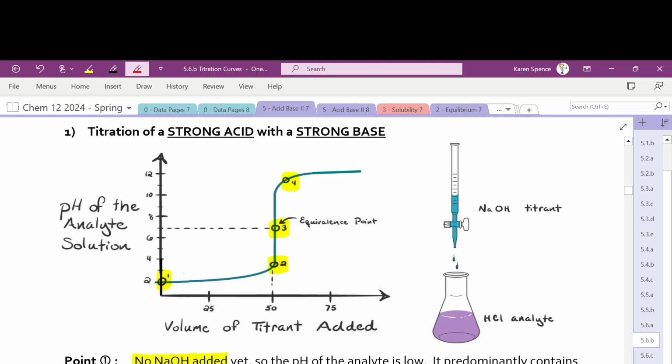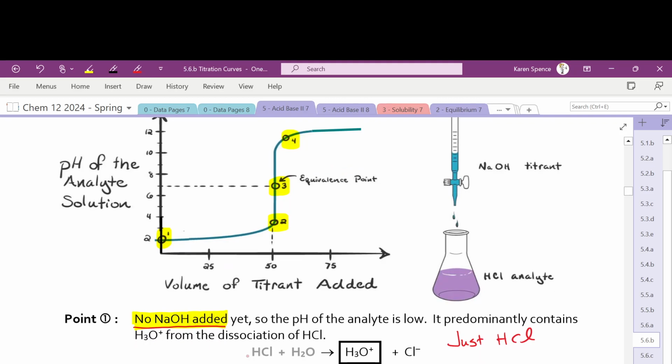So you just have HCl, and if your concentration, let's say, for example... oh, I can't do that yet. Okay, we'll come back to it later. Oh, actually, what is the concentration of the HCl?